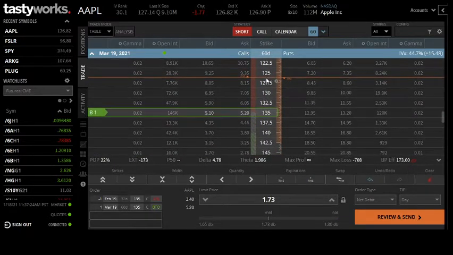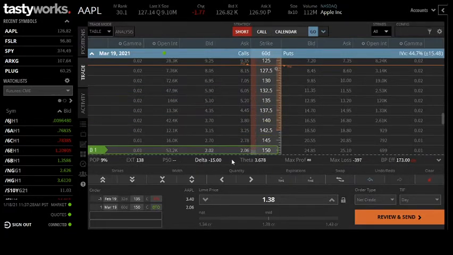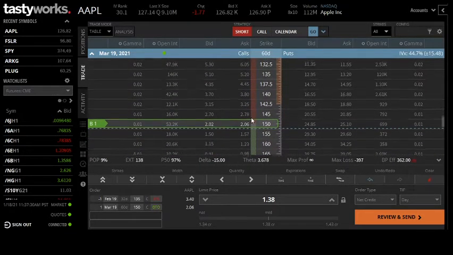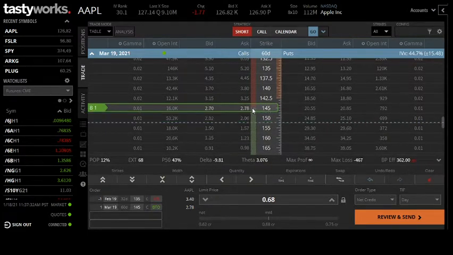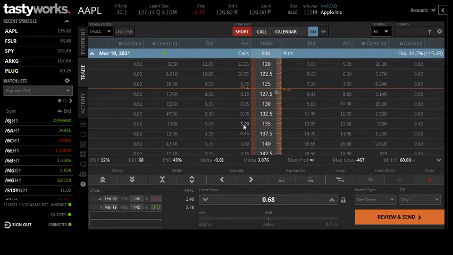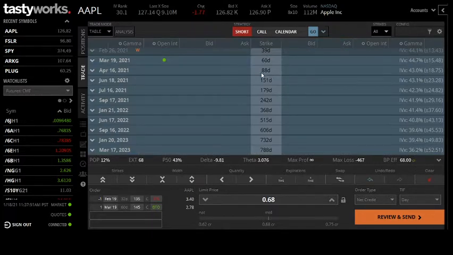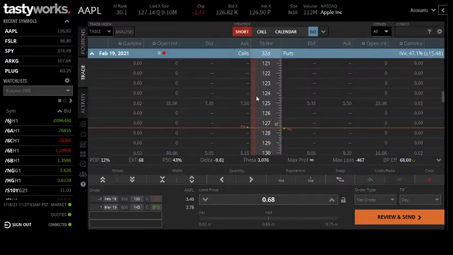Like I have our Apple 135, 145 credit spread, or put debit spread. I was looking into rolling this out to the $60 date. So right now I have a 135 for February, rolling it out to 145 for March, collecting an extra 67 cents, turning this debit spread into a calendar spread.